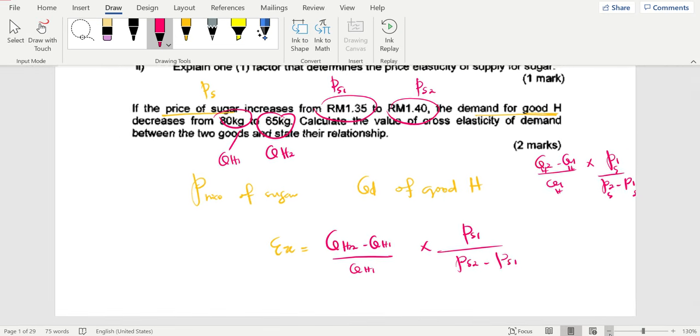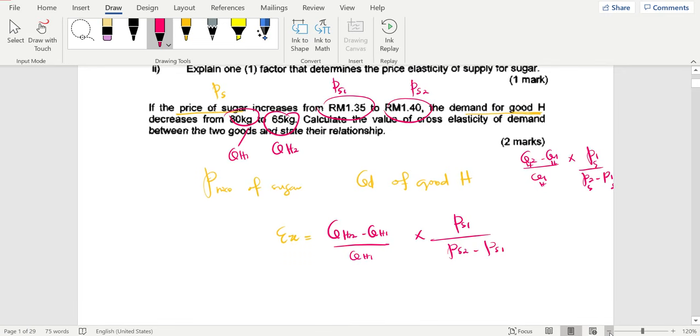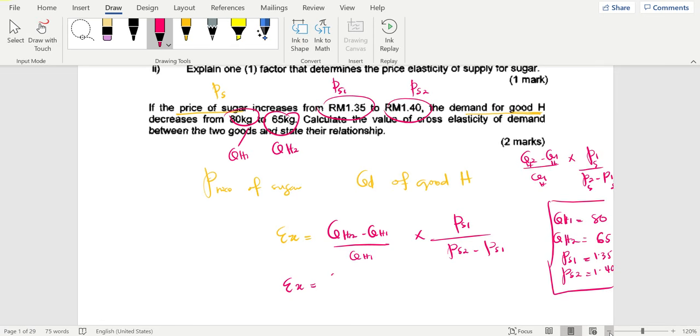Okay, so what you should do is substitute the figure there. EX equals QH1. I like to do it this way even though I'm used to it, because it avoids mistakes. QH2 65, PS1 135, PS2 140. Okay, so 65 minus 80 over 80 times 135, 140 minus 135.